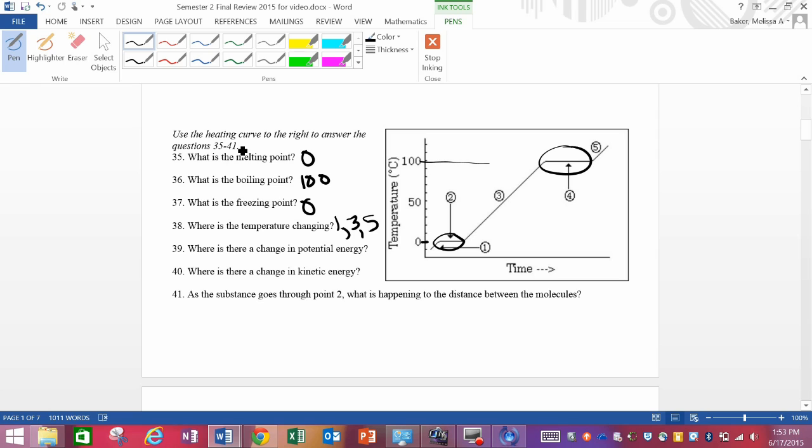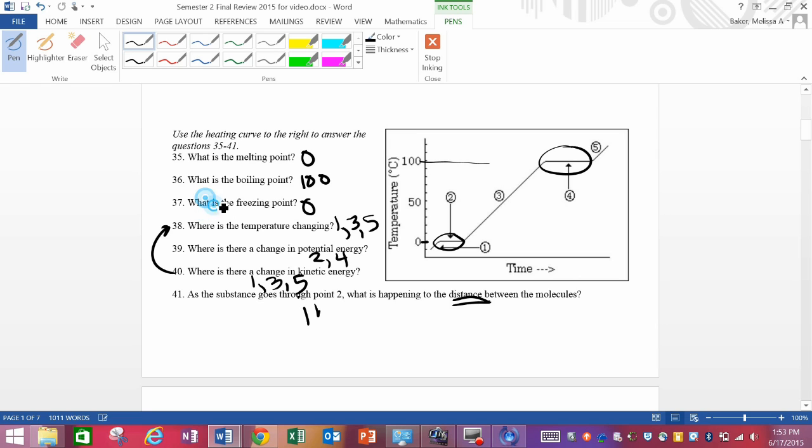Where is the potential energy changing? Remember, that's where molecules are getting further apart. That's at 2 and 4. Where is there a change in kinetic energy? It's the same as where the temperature is changing. Number 41 says, as the substance goes through point 2, what's happening to the distance between molecules?